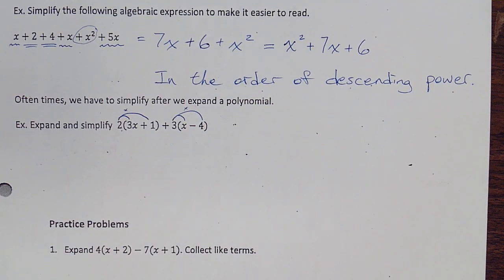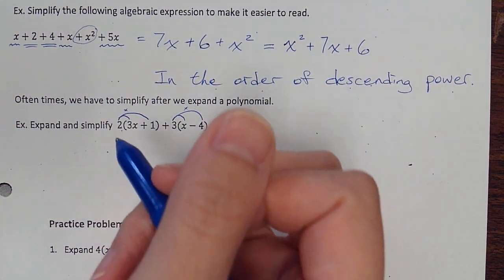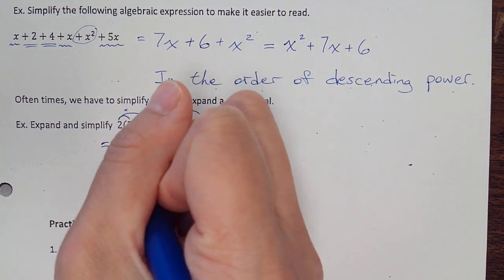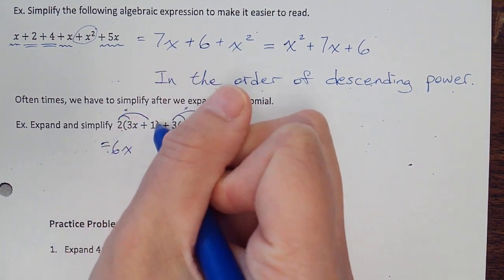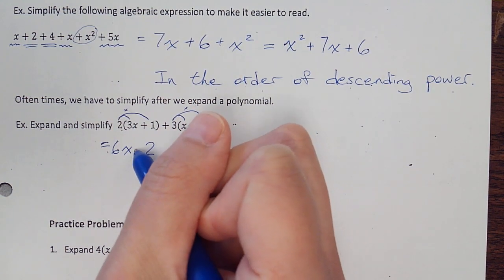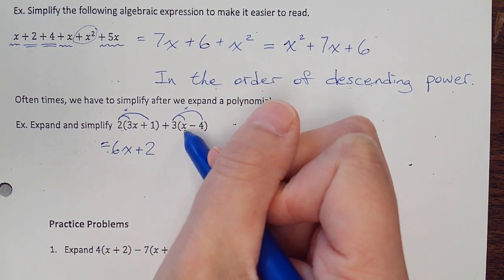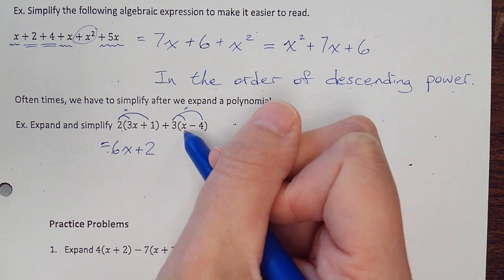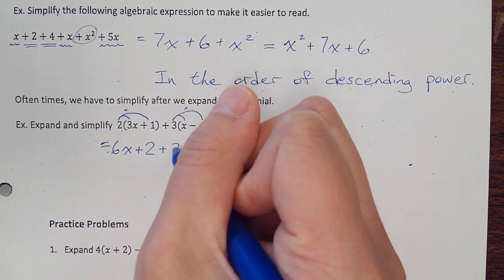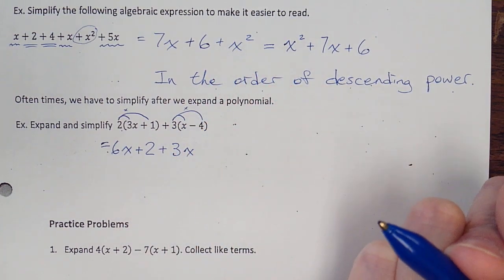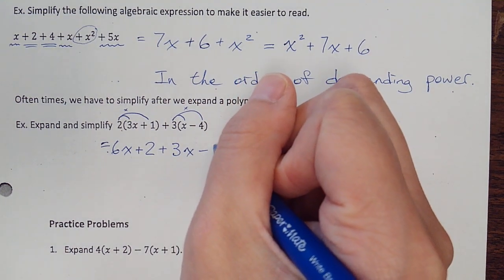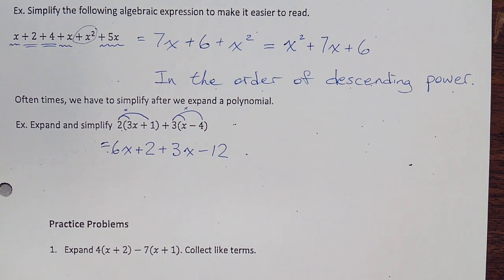Right, Dante? So 2 times 3x. Yep. And then 2 times 1? 2. Plus 2, good. And then here, 3 times x. Plus 3x, yeah. And then 3 times negative 4. 12, yeah. Good.